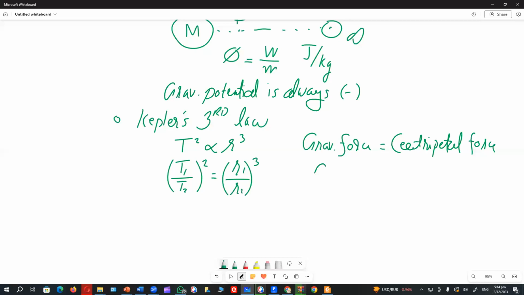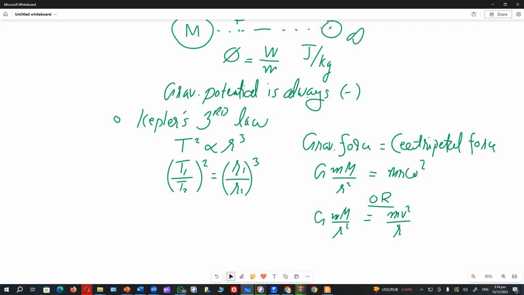So if gravitational force is G m M upon R squared, it is equal to m r omega squared. Or G m M upon R squared is equal to m v squared upon R. This is the most important derivation of this chapter. And the people who have done past papers know that this derivation comes very often.